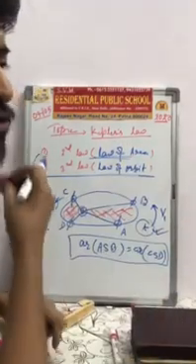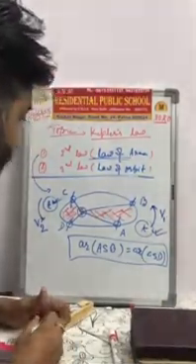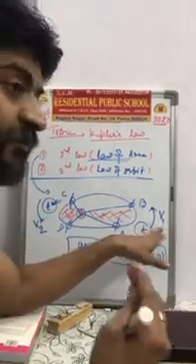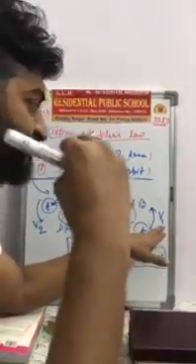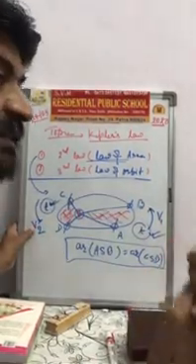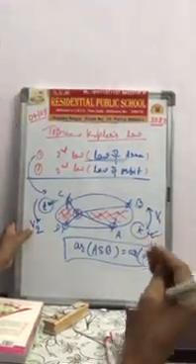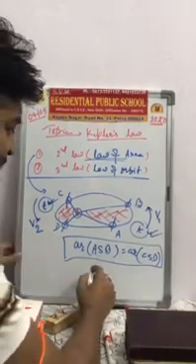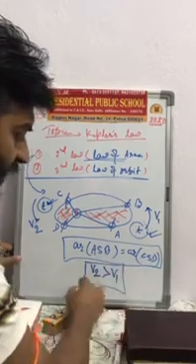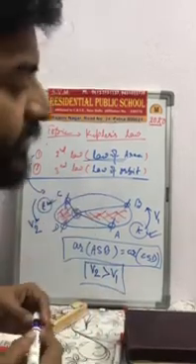The actual conclusion of the second law is that when the planet is farther from the sun, its velocity is lesser than when it is nearer to the sun. So we can say that v2 is greater than v1. That is the conclusion of the second law.